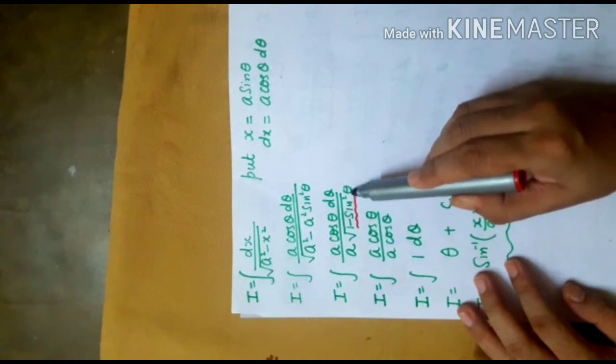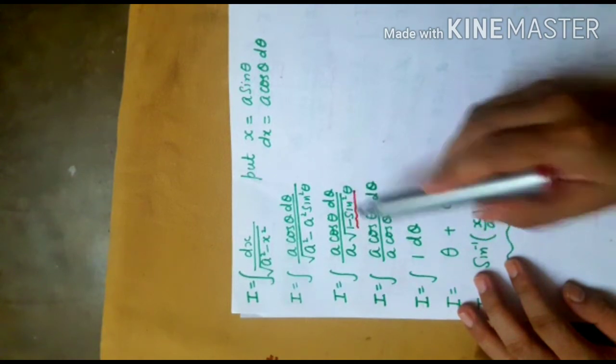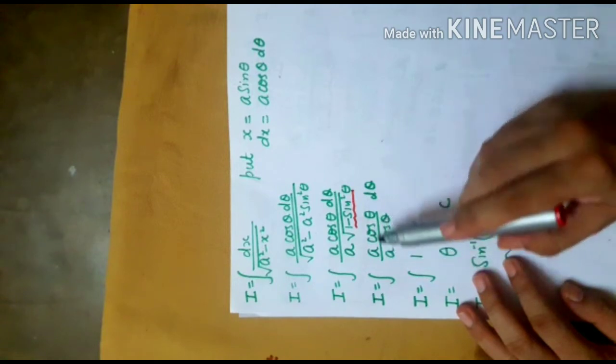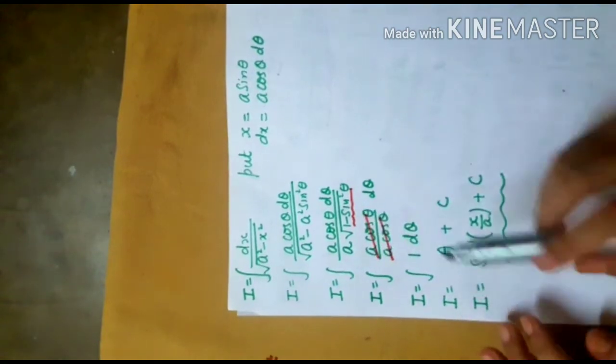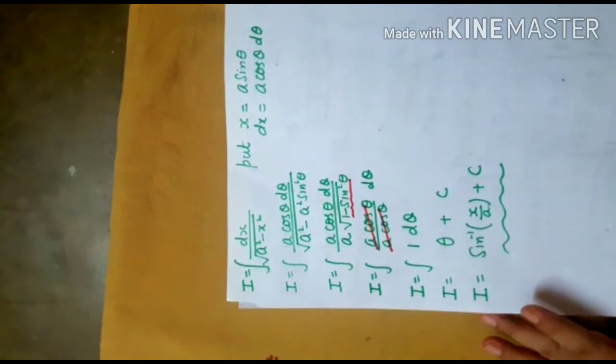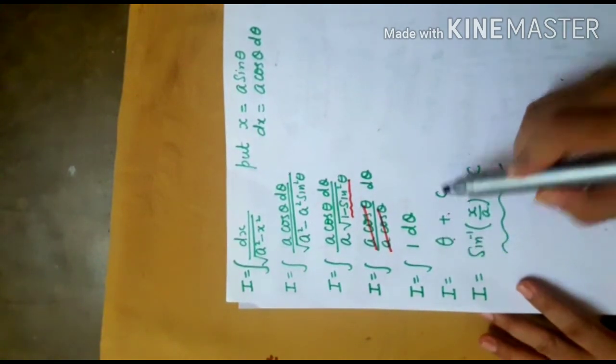What is 1 minus sin square theta? It will be cos square theta. So here I'll get integral a cos theta over a cos theta. This will get cancelled out. So I will be equal to integral 1 d theta, which is theta plus c.